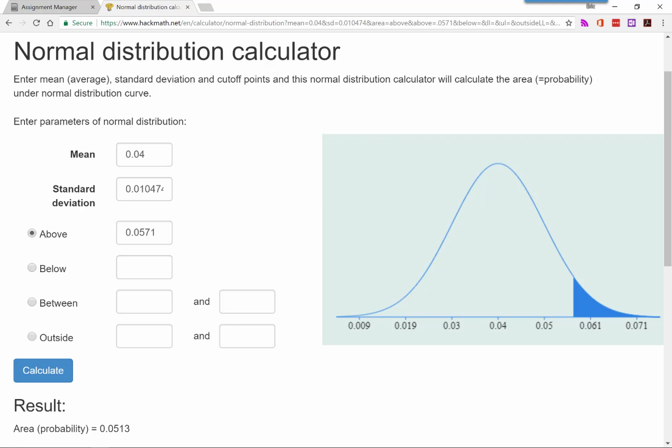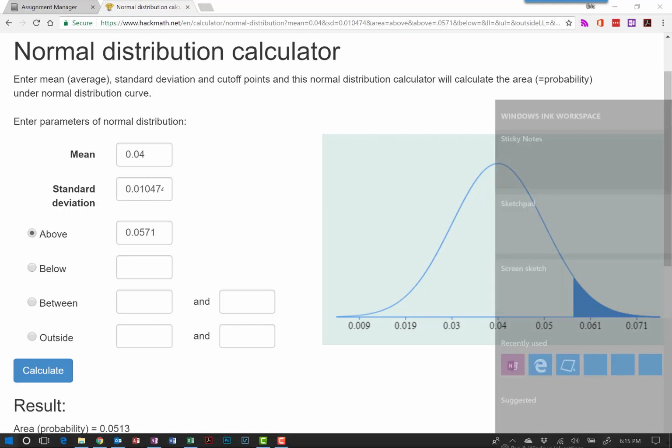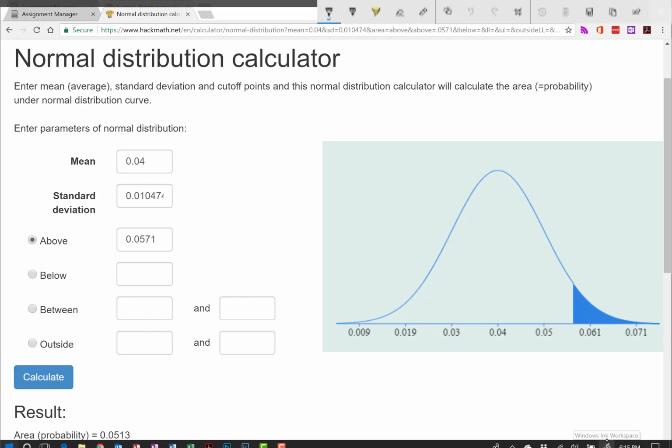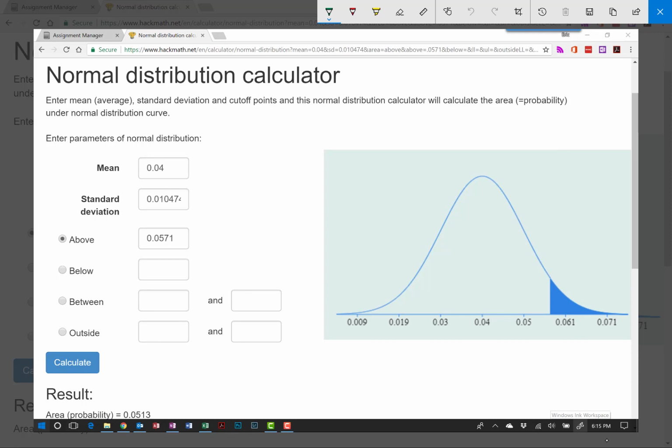And this is because this number over here is that 20 over 350, right? And this 20 is the number of asthma kits that we have available, okay?